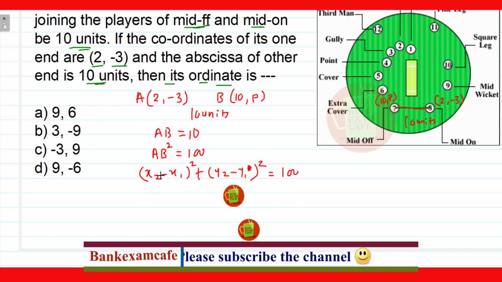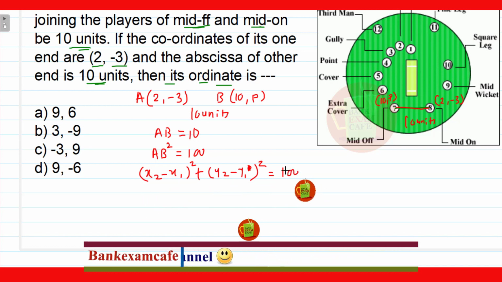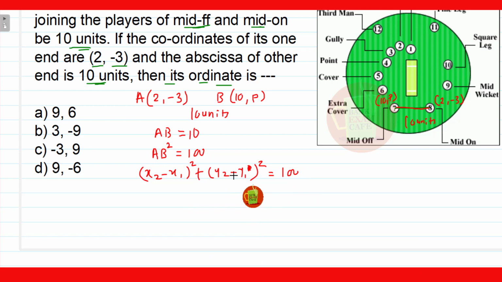Friends, you don't need to write this formula because this is a 1 mark MCQ type question, so you can do it directly orally also, but here I am writing to explain to you. So here x2 minus x1, that is 10 minus 2, that is 8. So 8 square will be 64, plus y2 minus y1, that is p minus minus 3, that will be (p plus 3) whole square.